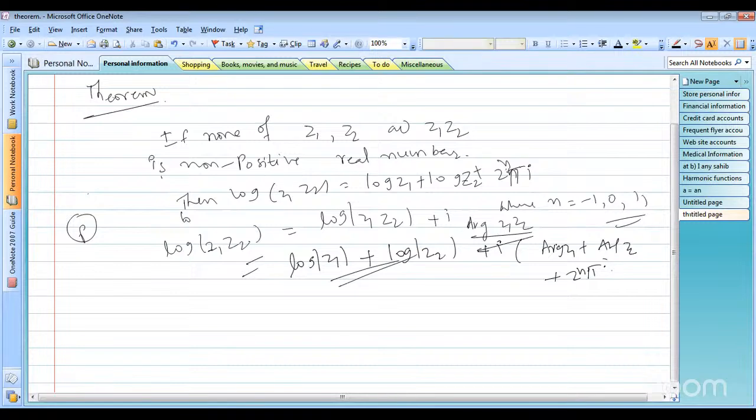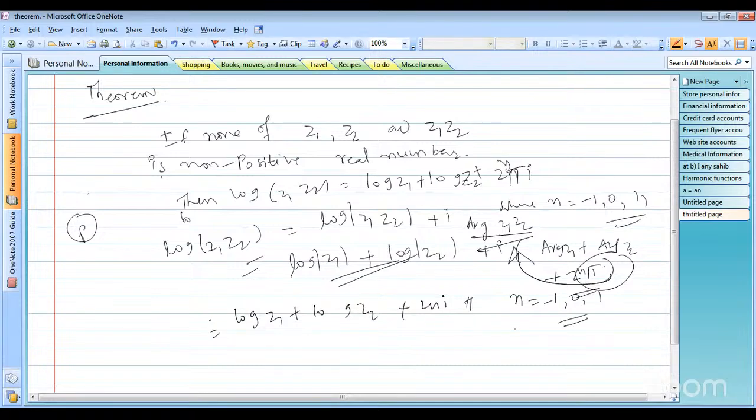Where n takes the values -1, 0, +1. Therefore log Z1 Z2 equals log Z1 plus log Z2 plus 2n i pi, where 2n i pi is the imaginary part, with n equal to -1, 0, 1.